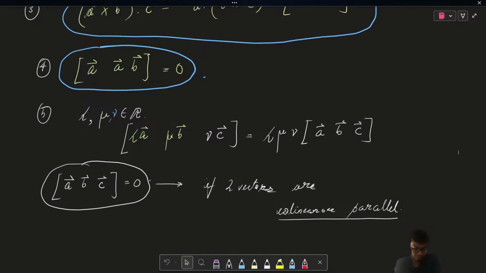Today we'll discuss the important properties regarding the scalar triple product.